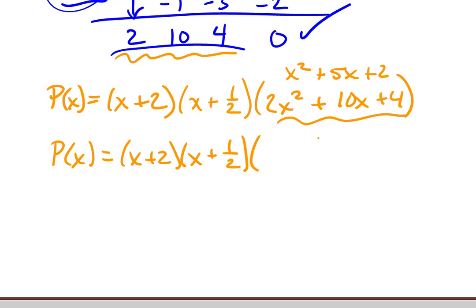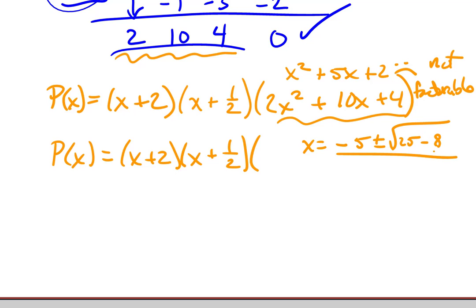If we try the quadratic, well, first of all, let's just say here, we're sad because this is not factorable. But we'll try the quadratic formula to come up with some roots for that one. So we'll say x equals negative b, which is 5, plus or minus the square root of b squared, that's 25, minus 4 times a times c, that'd be minus 8, and that's all over 2 times a, which would be 2.